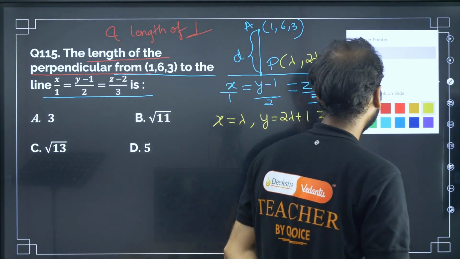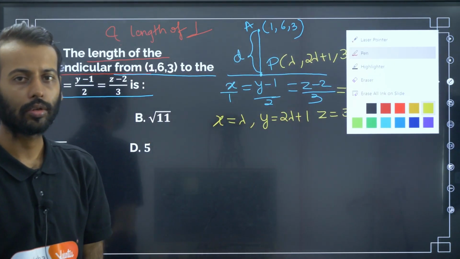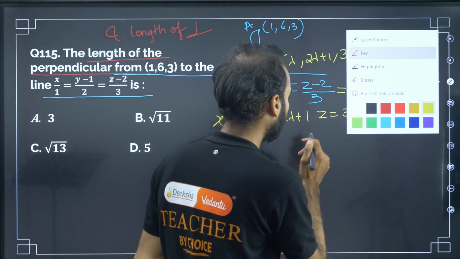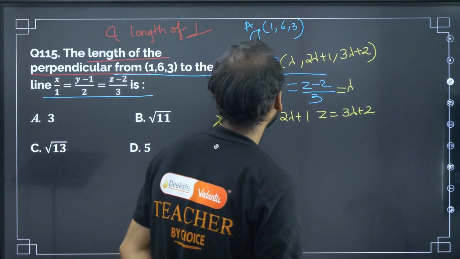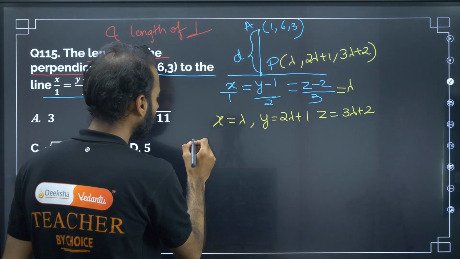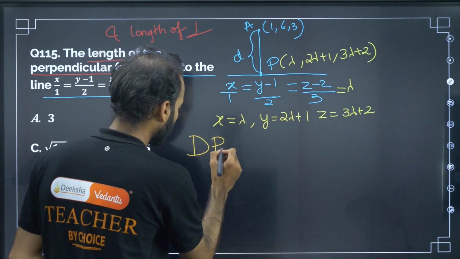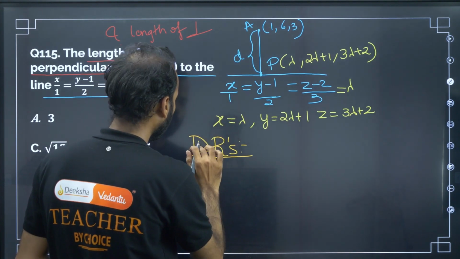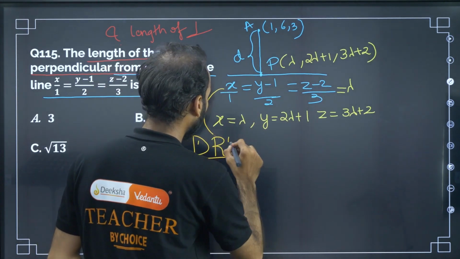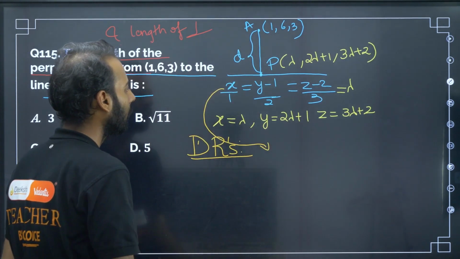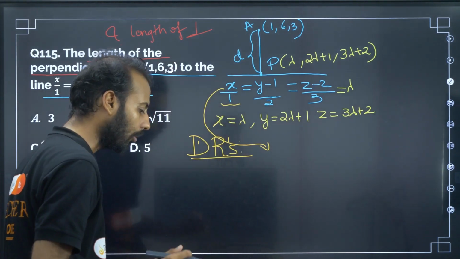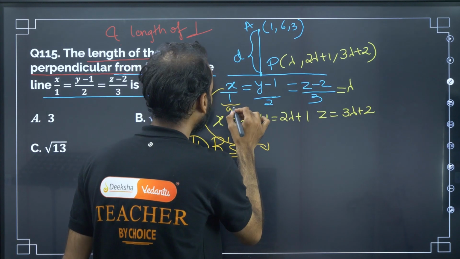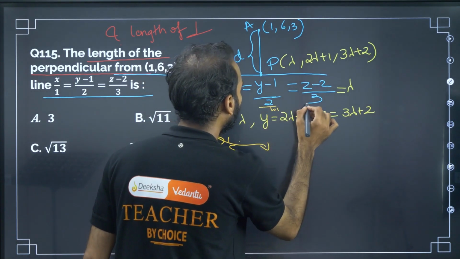Now one concept you should know from 3-dimensional geometry. Let me write that concept. If I talk about direction ratios of this line, generally you try to recall the standard equation of a line, and they write this as a1, b1, c1.